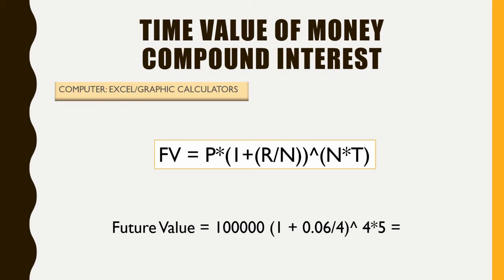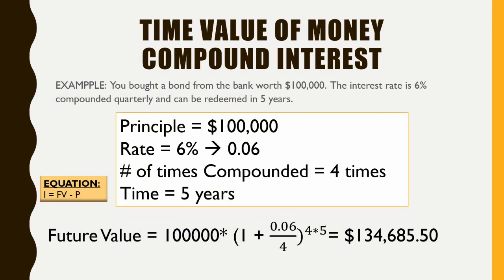So in this case, I'm going to take my principal of 100,000 and multiply it by 1 plus the rate of 0.06, which is being divided by 4 because it's divided by n. And then I'm going to close out parentheses twice because there are 2 parentheses, right? And then, of course, I'm going to bring it up to the 4, which is the n times t power.